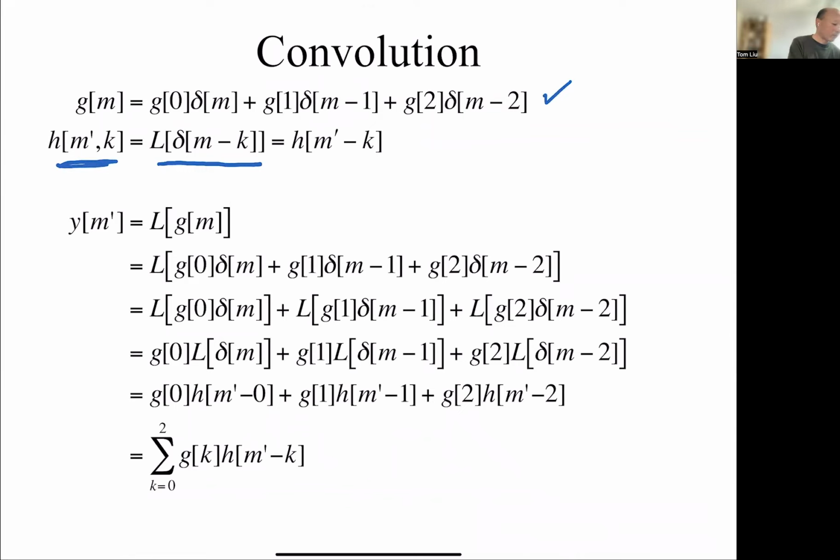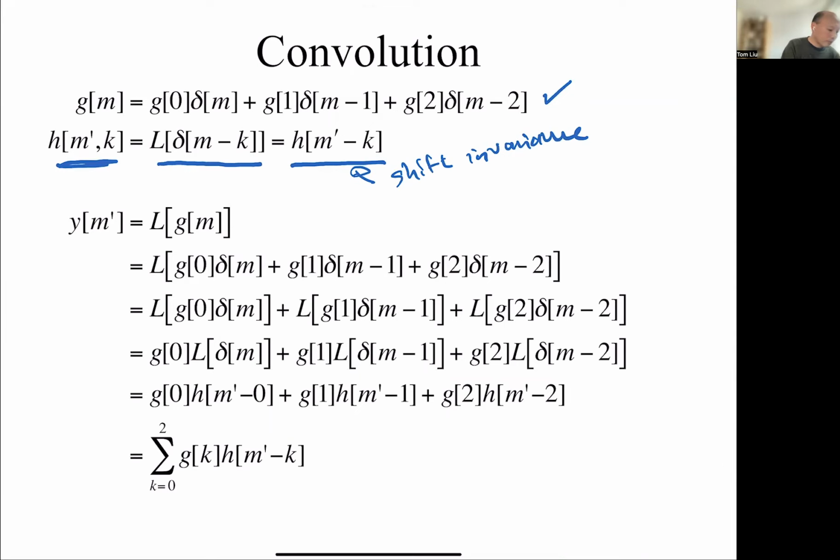Now the only thing I'm saying is that due to shift invariance, I can say this. That just means if I shift my input Dirac delta function, then my output impulse response is just shifted by the same amount. So that's all we mean by shift invariant.